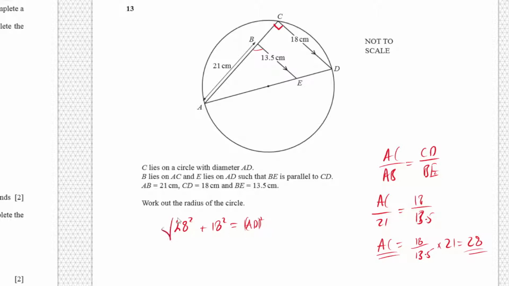To find the value of AD itself, we're going to take the square root on both sides. We can say AD equals the square root of 28 squared plus 18 squared, which gives me 33.2, or let's just make it 33.3.